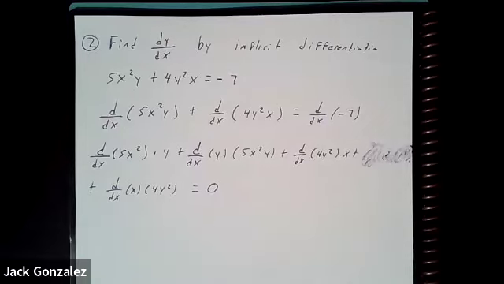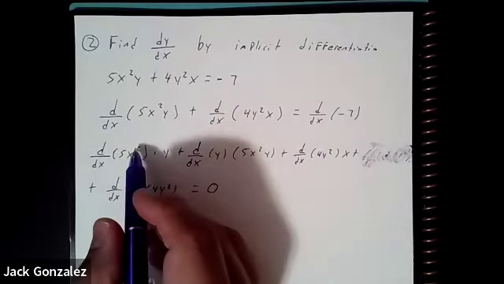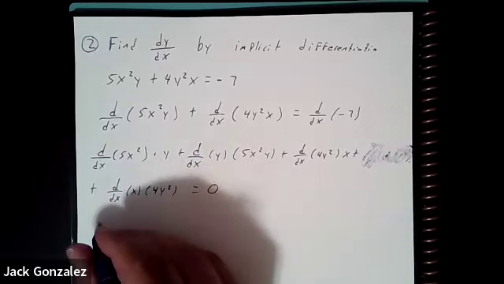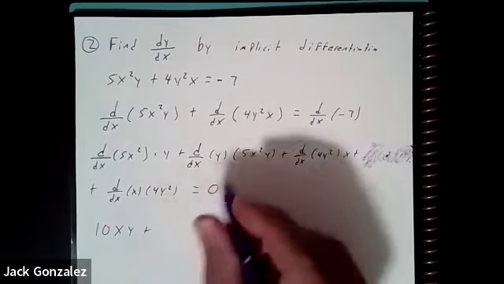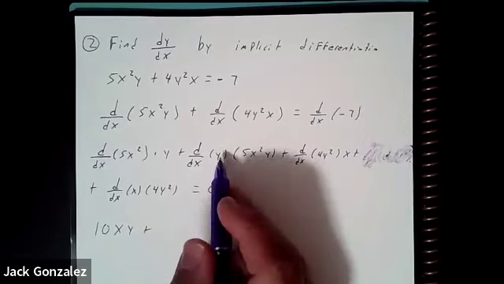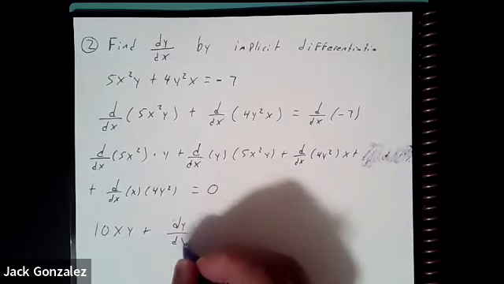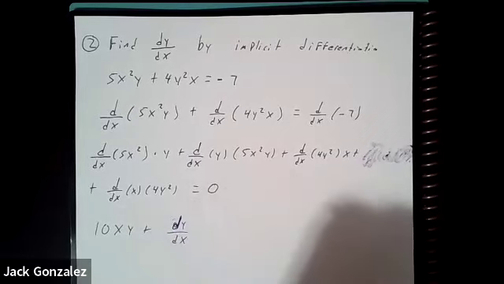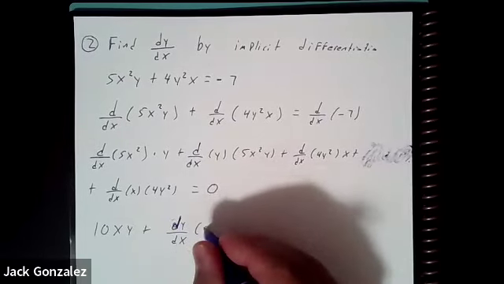You guys still with me? Okay, so the derivative of this guy is just a power rule. That would be 10xy plus the derivative of this will be 1 times dy dx. So this is our implicit piece, times this garbage.